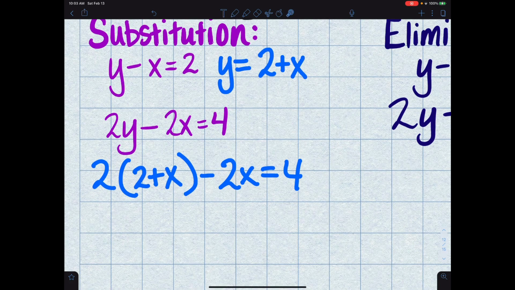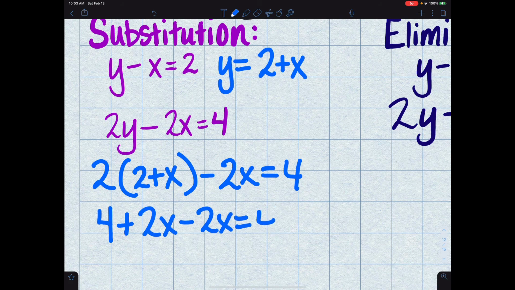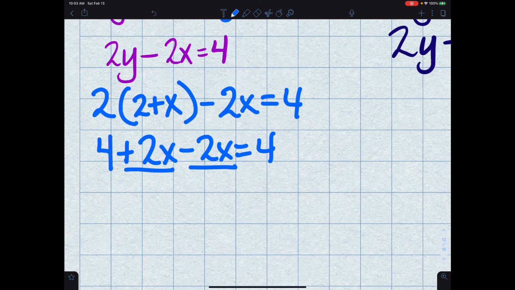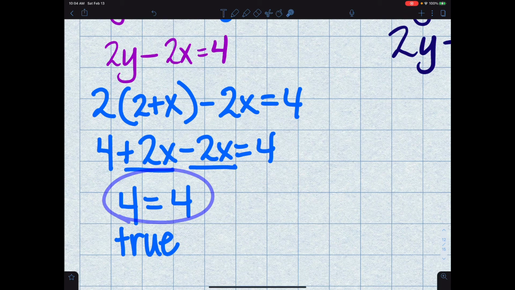If I multiply this out, 2 times 2 and then 2 times x, it's going to be 4 plus 2x minus 2x equals 4. Plus 2x minus 2x cancels out those terms. So it's just going to be 4 is equal to 4, and that's a true statement. So that's what happens when you have dependent equations. You just get these two numbers. There's no variables anymore, and the statement is true.